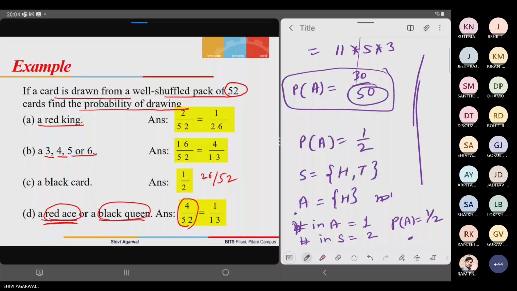That's the thing I'm trying to say here: in the past, a mathematician introduced probability theory just for gambling purposes. You can find the maximum chance, the highest probability, of winning.